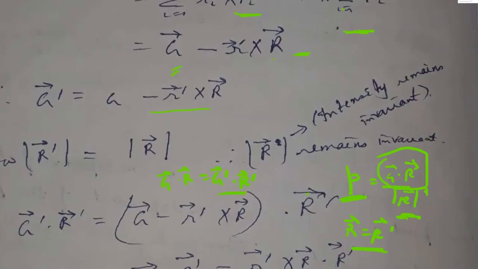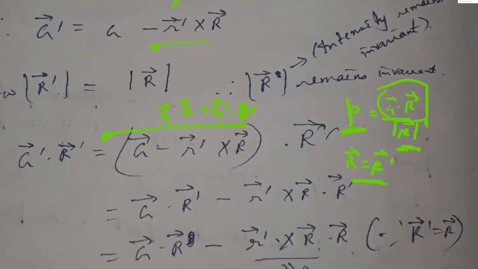This magnitude. Okay. So I started with this one. Just now I have computed the expression of G dash that I am using here. Then if you take the dot product of this thing with R dash, what do you get? This one minus this thing. But again, you see this is a box product containing R dash and R, which are the same.